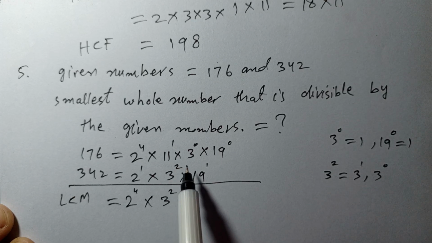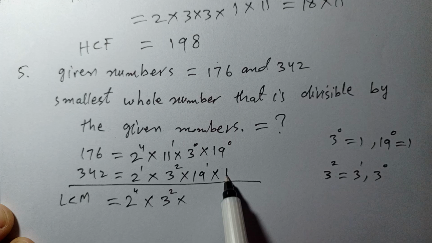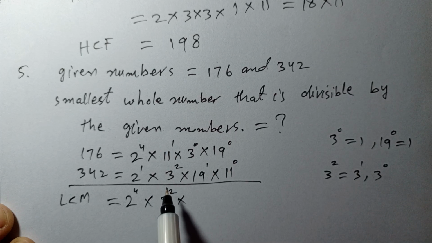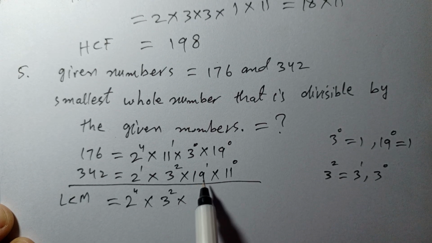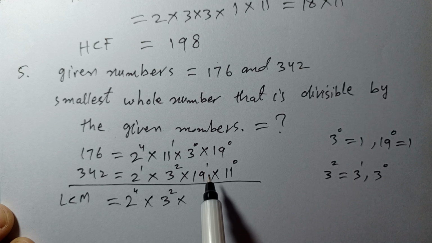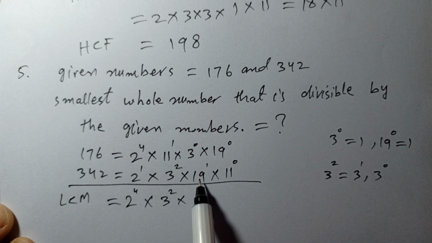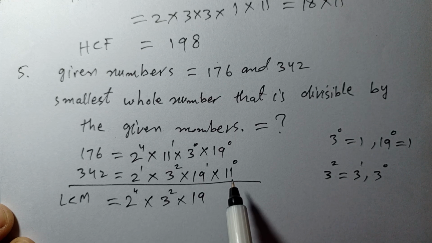Now we see that 11, here we can write 11 raised to power 1 and 11 raised to power 0, as 11 raised to power 1 is there. Now you can see that 19 raised to power 1 is here. It is the higher power, and 19 raised to power 0 is the lower power. So we will take 19 raised to power 1 as our higher exponent here.